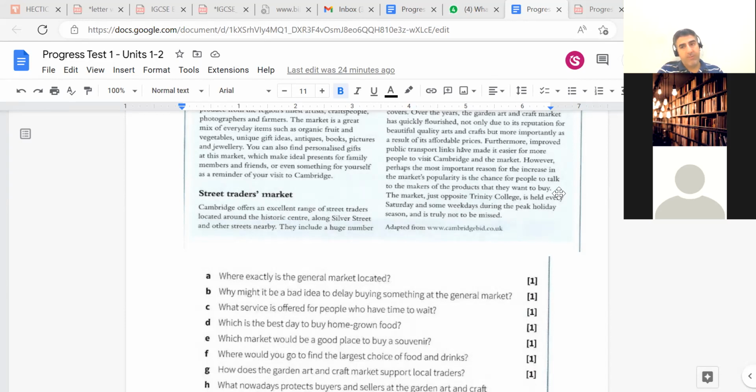So this is task 1. And in your task 2, you will be given another long passage, including maybe 4 or 5 paragraphs. And this question is based on multiple matching questions.